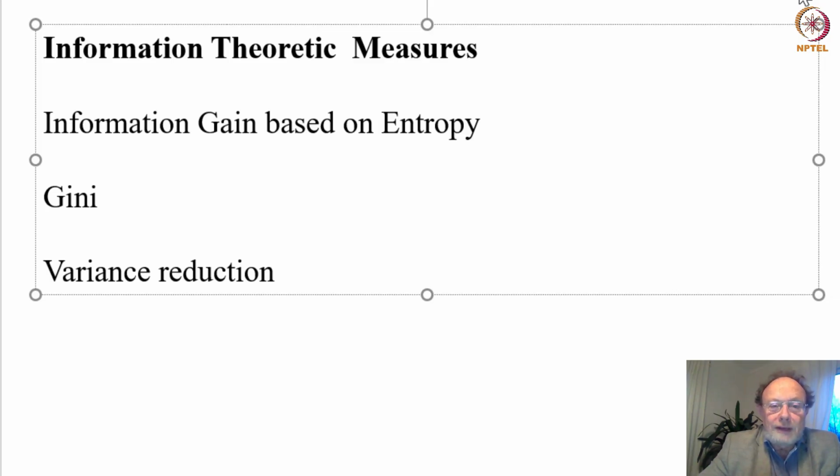One we call information gain based on entropy, and the other scheme we call the Gini approach. There are also other ways of doing this. There's something called variance reduction, but we will not talk further about that. Most of these techniques are more or less equivalent. There may be slight differences when we apply one or the other in various applications.